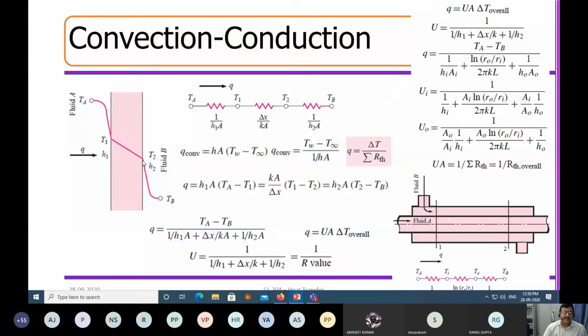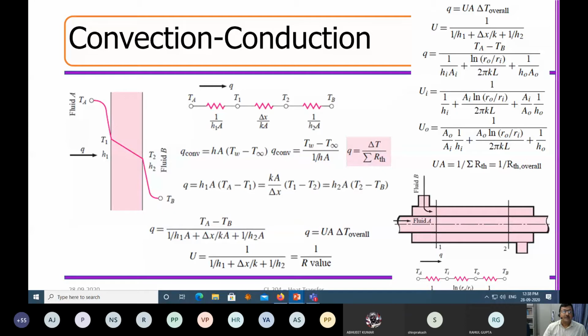Suppose this is the outer fluid, which is at a much lower temperature, and this is the inner fluid, which is at a much higher temperature. The inner fluid, having a higher temperature, is cooling down. The outer fluid, having a lower temperature, is heating up.